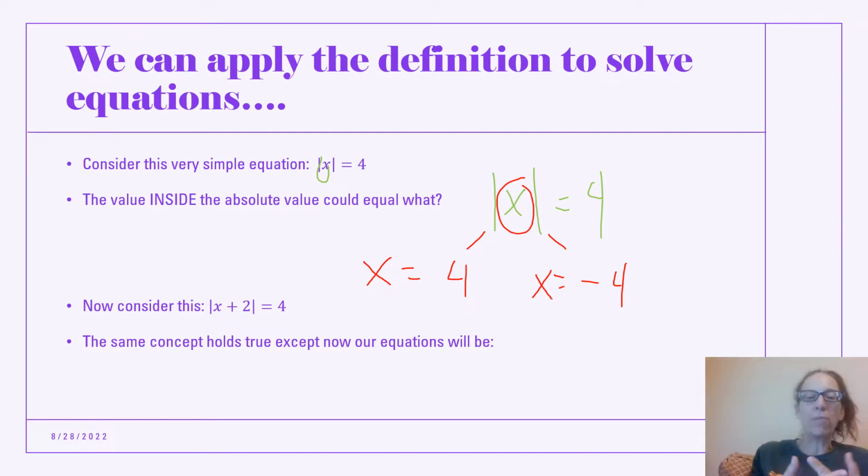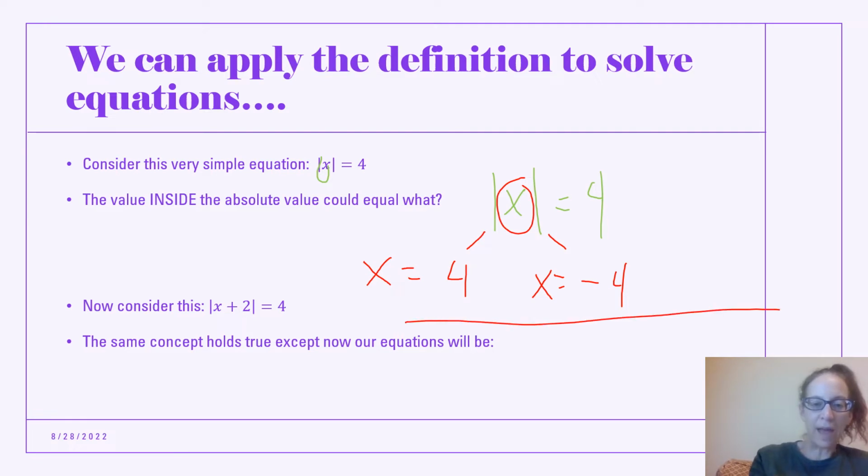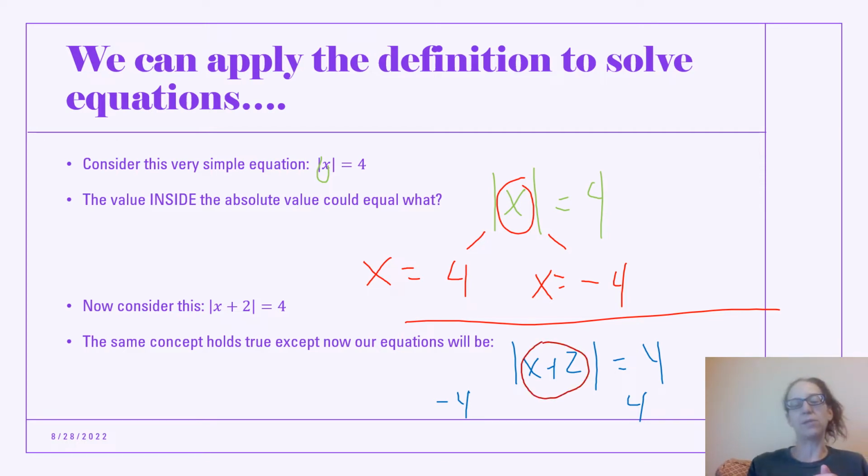Now we know from the problem right above it, there are two numbers that have an absolute value of 4. And those are negative 4 and 4, except now you have something different inside the absolute value. Now, instead of x being equal to negative 4 or 4, now it is x plus 2 could be equal to negative 4, or x plus 2 could be equal to 4.